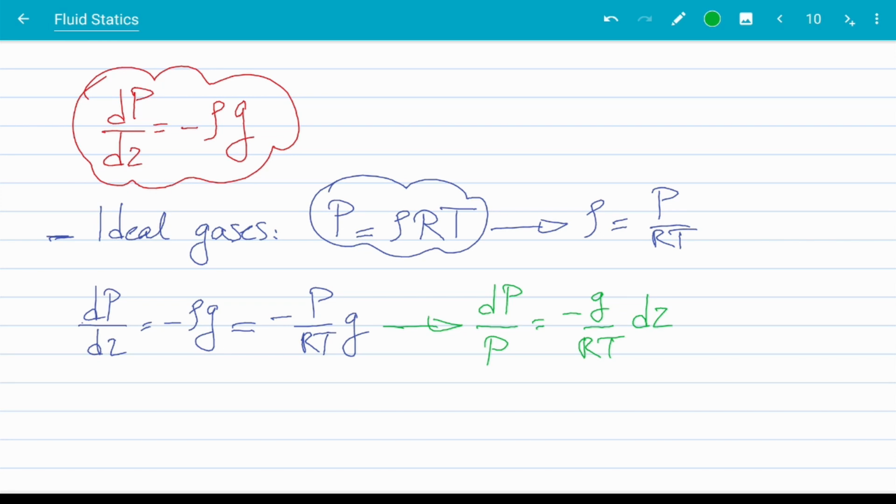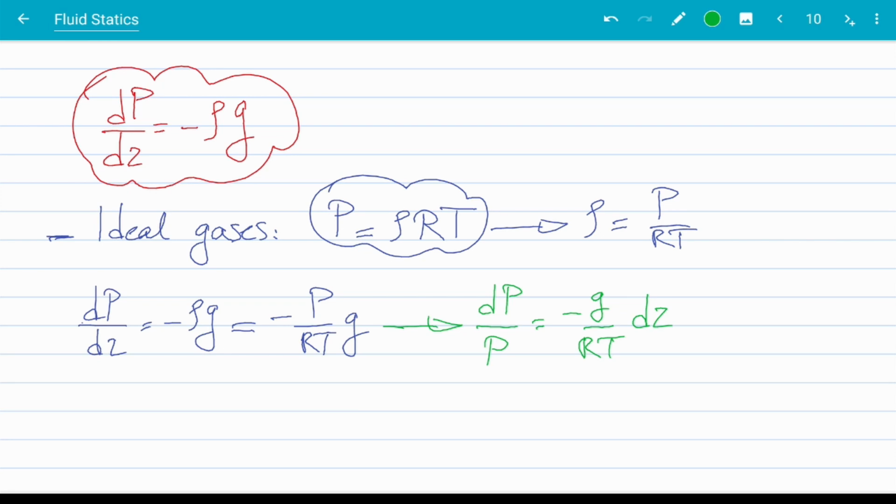Now, the only way that I can take this integral is if the temperature is not a function of z, or pressure. Generally speaking, g, gravitational acceleration, is a constant, so no problem there. R is the gas constant, again a constant number, so no problem there.